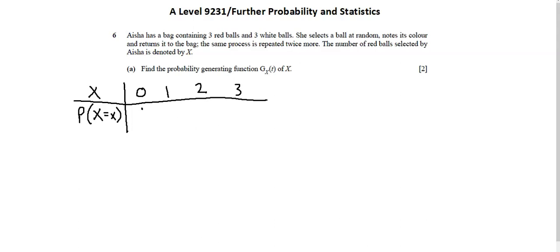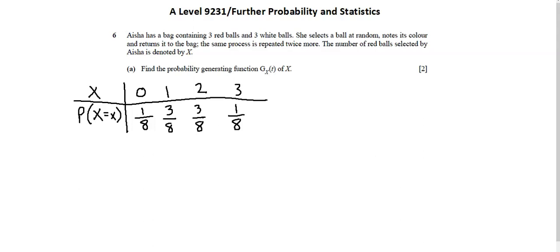The probabilities for these are on the ends, 0 red or 3 red are 1 over 8. Those would have to be white, white, white, or red, red, red. And those possibilities are 1 over 8. In the middle, either getting 1 red and 2 white, or 1 white and 2 red, those are 3 over 8.